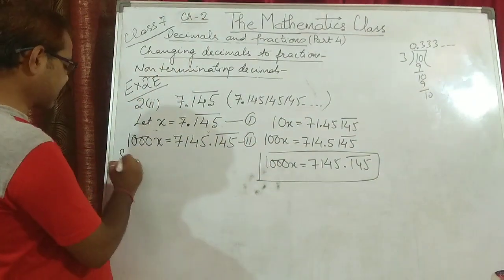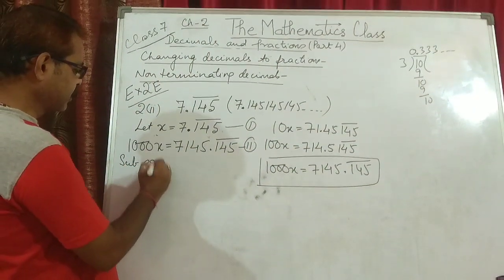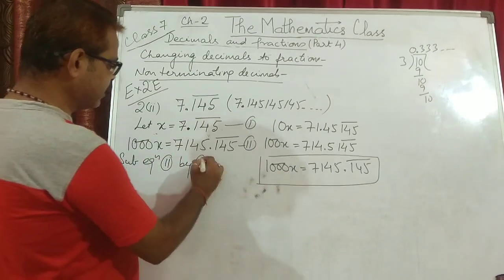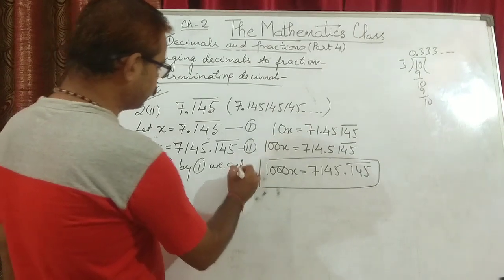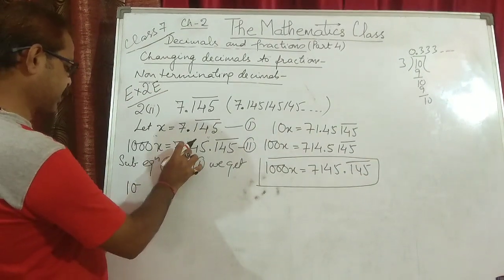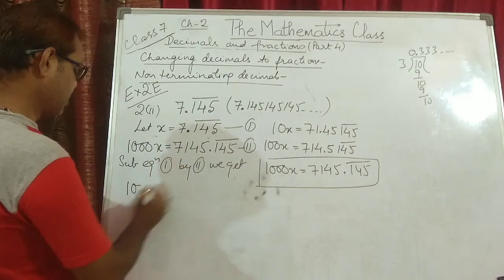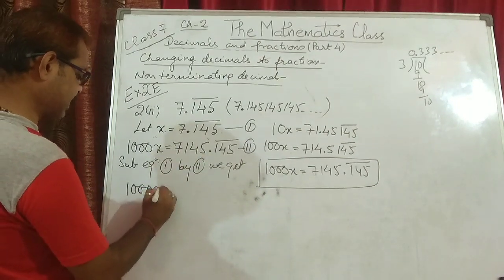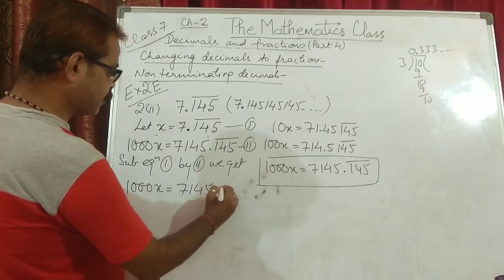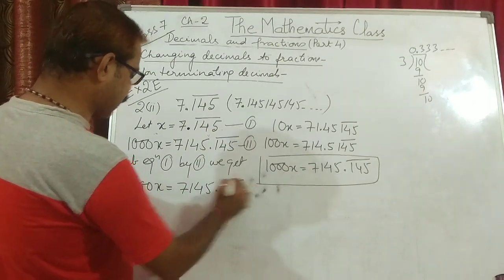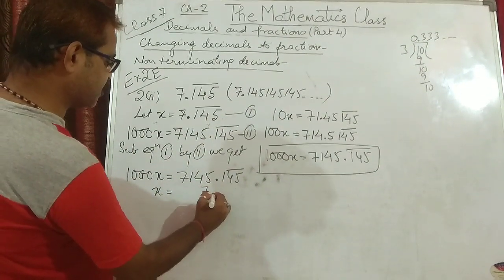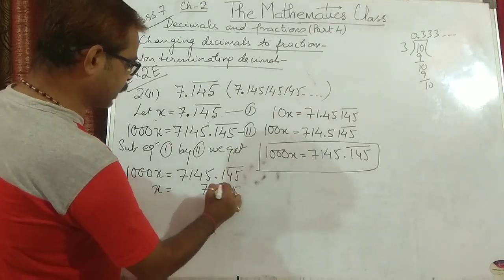So subtracting equation 1 from 2, we get 1000x is equal to 7145.145 bar and x is equal to 7.145 bar.